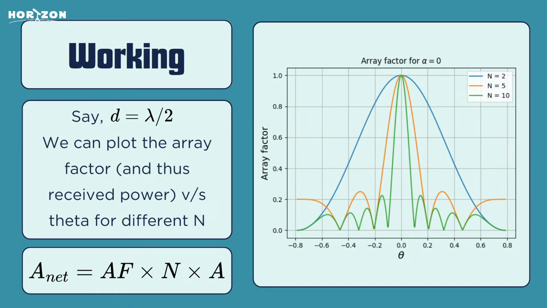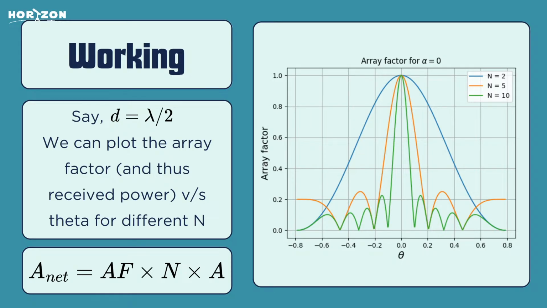In this way, without using any complex structures, we have created highly directive antennas whose directivity will keep increasing if we increase the number of antennas in the array. Again, that is a trade-off between how much construction you want to do and how much directivity you want.